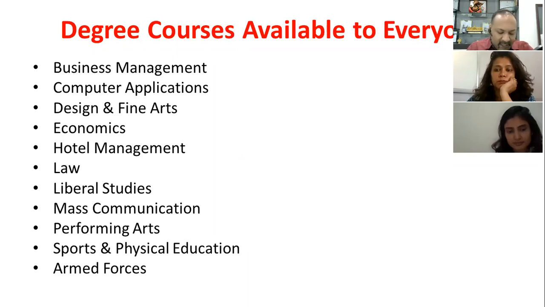So what I'm going to do is take around 7 to 8 more minutes where I'll quickly talk to you about, in each allied option, what are the degree options, what are the qualities of the candidate who should pursue that particular domain or vertical, and what are the higher level specializations available in that vertical.